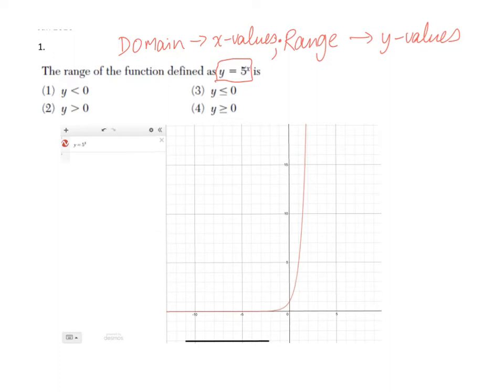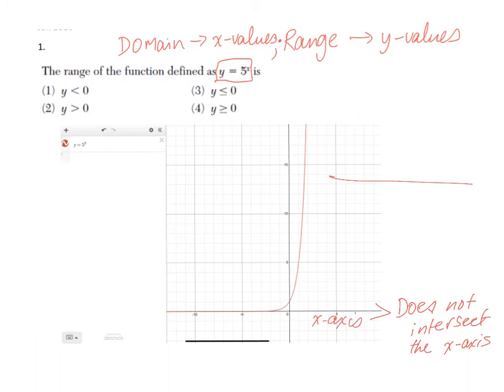It does not intersect the x-axis, which is right here. So if you were to look at your graph, it's more or less like this. It's above the x-axis, right?